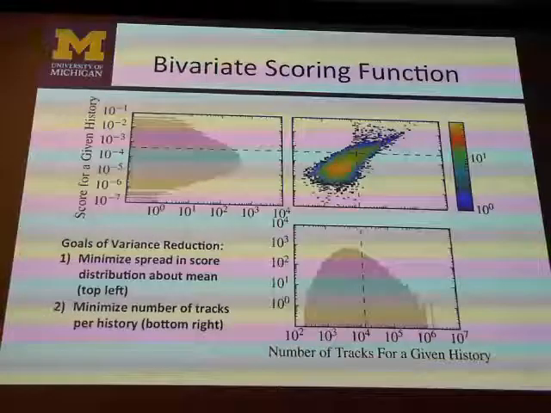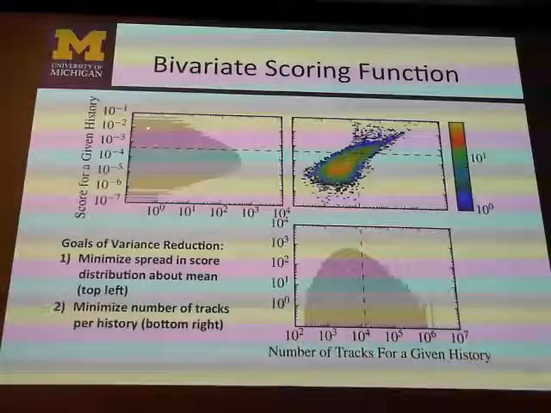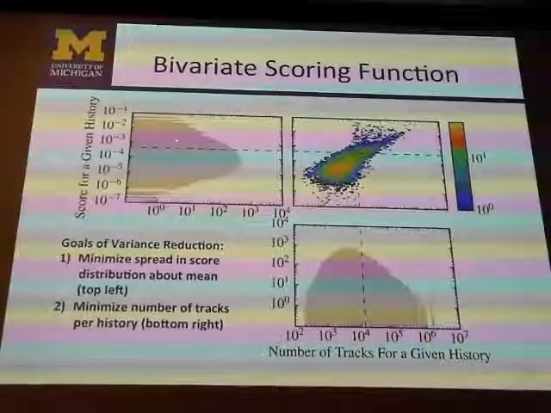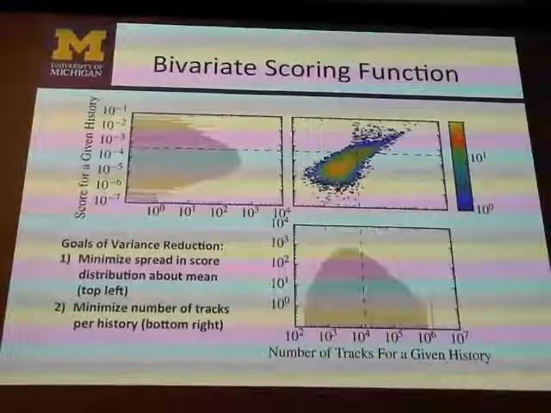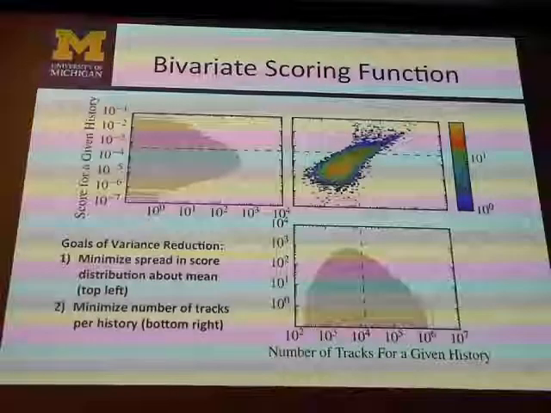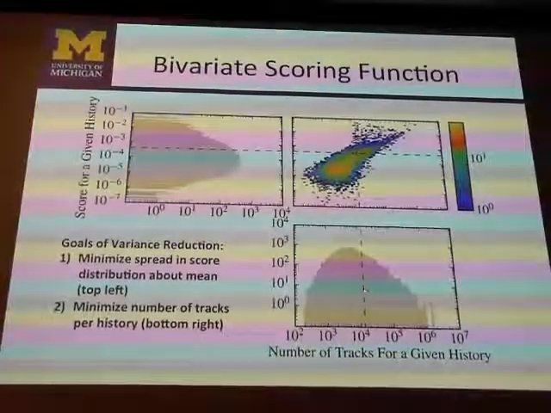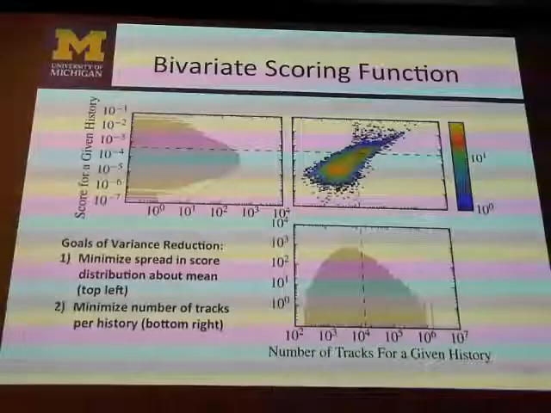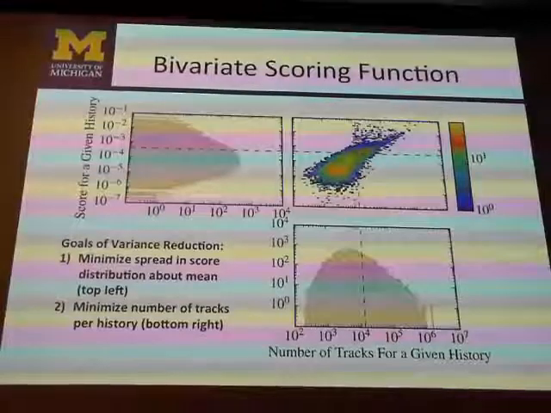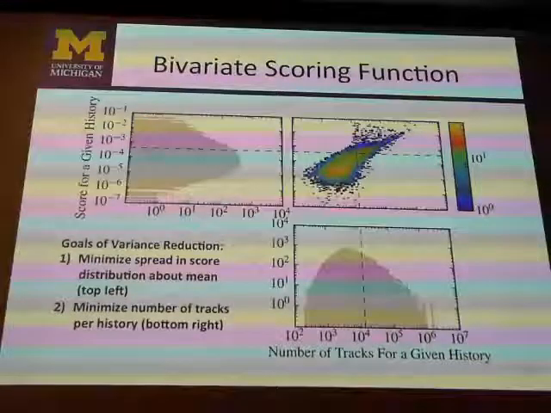So our goal with variance reduction is to take this scoring distribution and smoosh it down to a little point, or a delta function, along this vertical line here. And we're trying to take this curve and move it over to the left as far as we can.